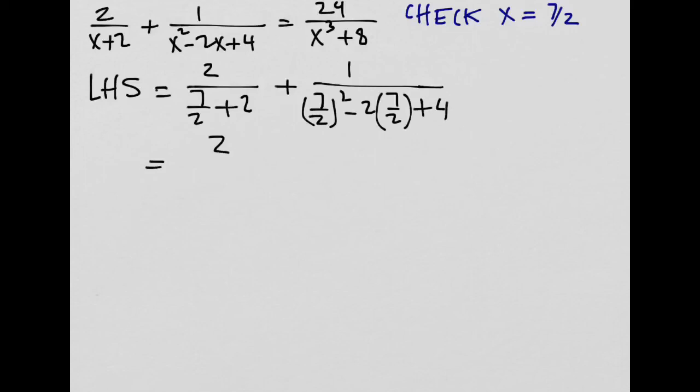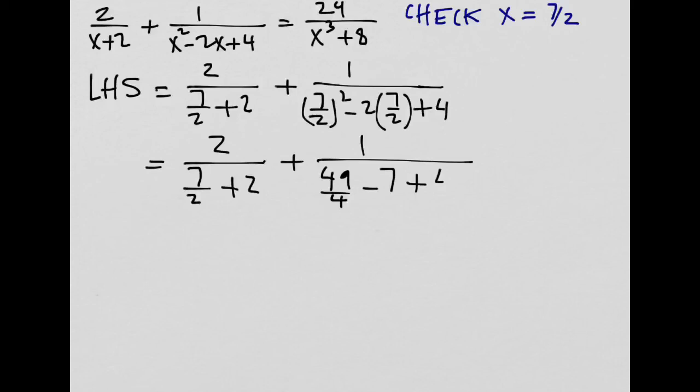That's equal to 2 over 7 over 2 plus 2 plus 1 over 49 over 4 minus 2 times 7 over 2, that's minus 7, plus 4.